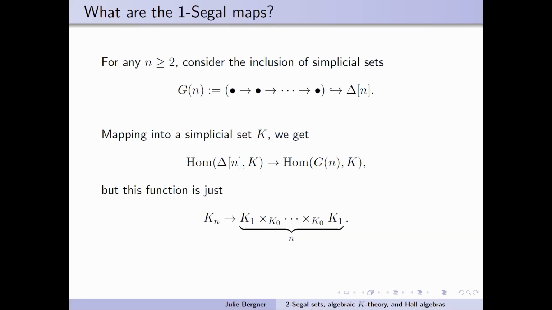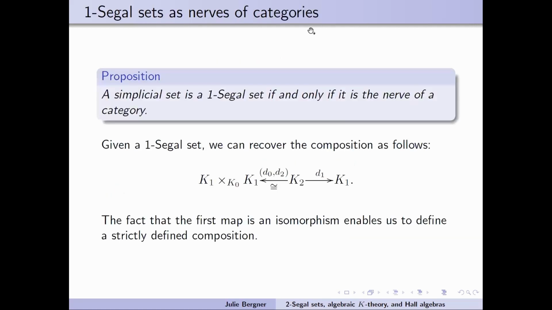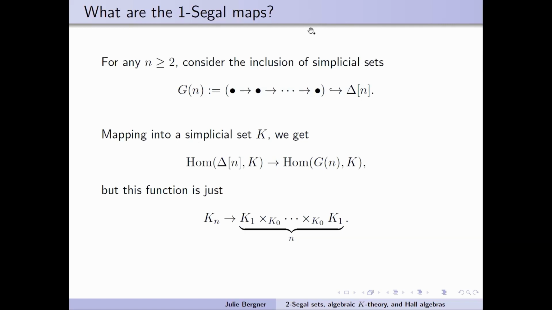And if you think about what happens if I map Gn into K? Well, mapping any one of those arrows in is going to pick out a one simplex. And so I'm going to get a bunch of one simplices that agree, the target of one is the source of the next. That's exactly this pullback. So this is where we got those Segal maps from in the definition of one Segal.